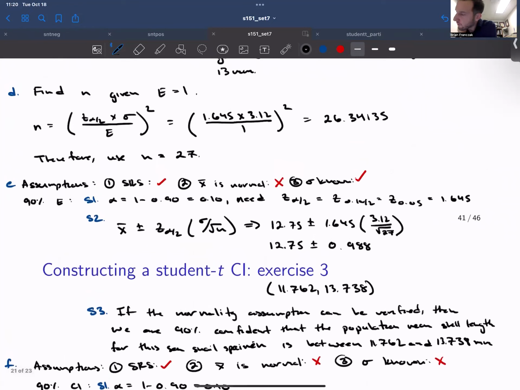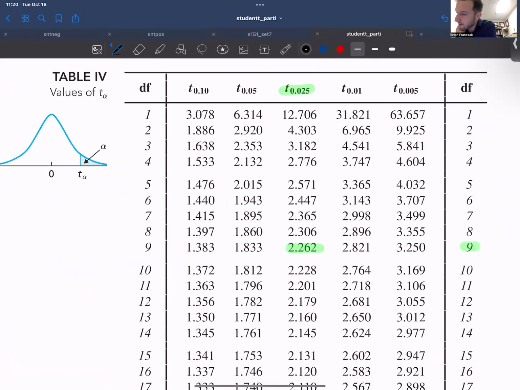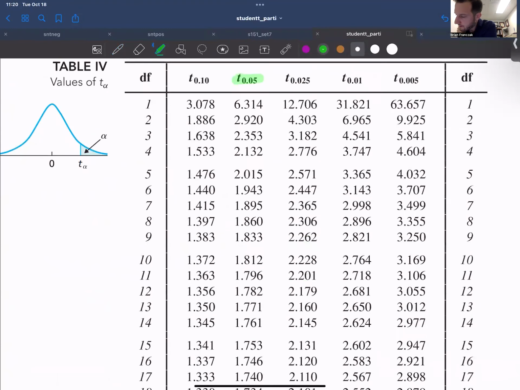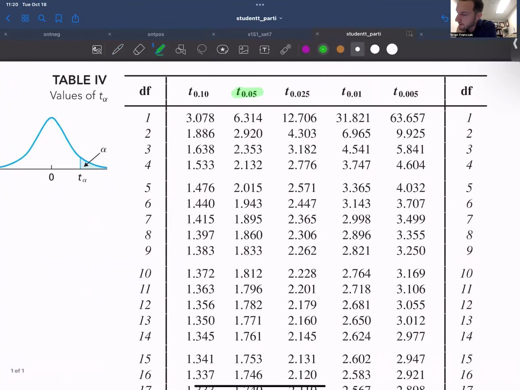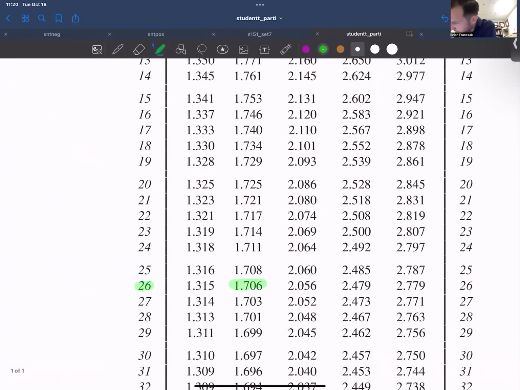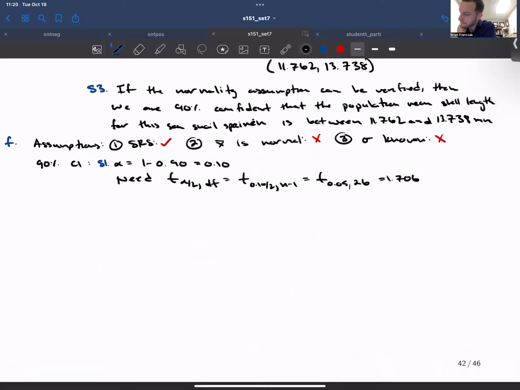Okay. So now we go to our student T table. We're going to match 0.05 to 26, and that gives us 1.706. Okay. So our T value here is 1.706. Right. So then on step 2, we're going to have X bar plus or minus T alpha over 2, comma df, multiplied by S over the square root of n.